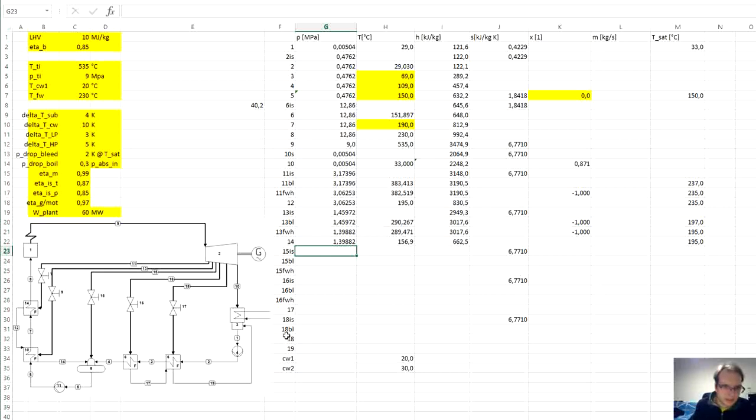At the deaerator, the situation is a little bit different because it's a mixing heat exchanger. There is no temperature difference. So at point 15 feedwater heater, the saturated temperature is the same as the temperature at the point 5, because it's just a mixing heat exchanger, basically a mixing tank.